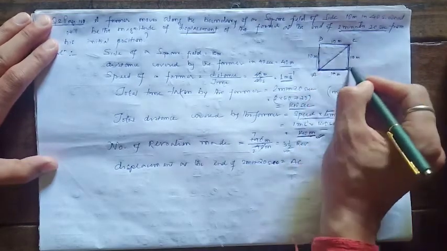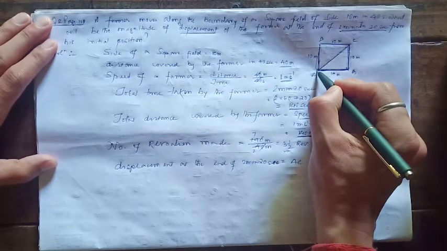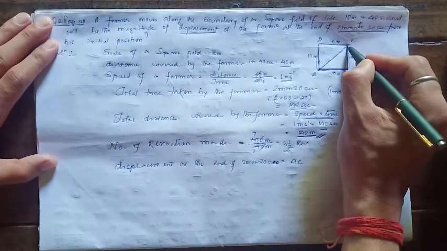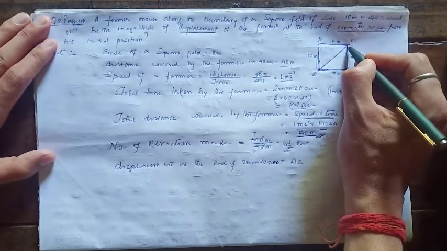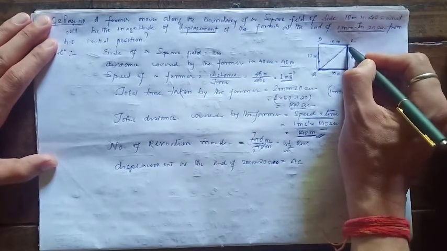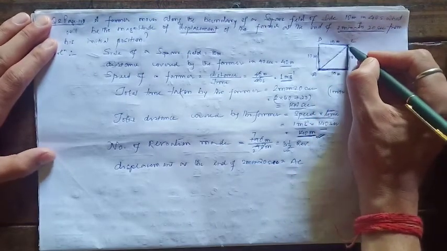So first revolution, second revolution, third revolution, and third revolution means 120 meter. Now 120 plus 10, 130, and this is 140. That means at the end of 2 minute 20 seconds, he makes 3.5 revolutions and he stops at this point. Now student, his initial position is A and his final position is C.